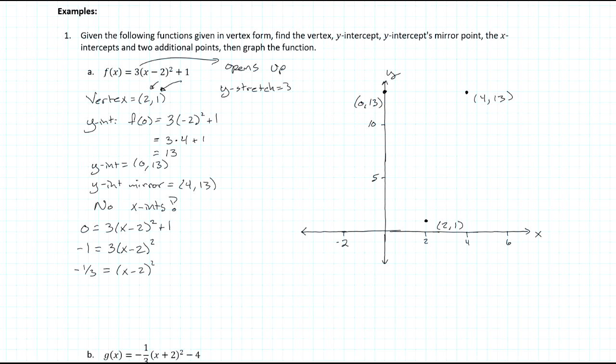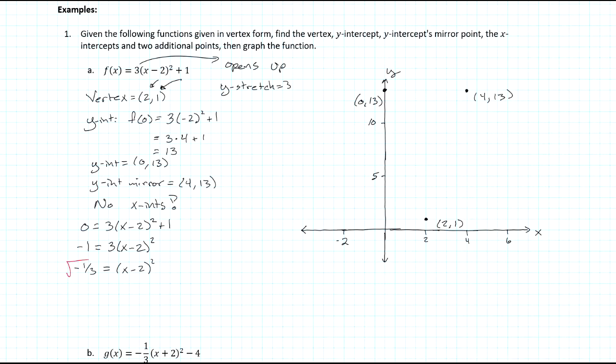But then when I try and take the square root of both sides, don't forget the plus or minus, this left side is undefined, right? It's not a real number. So there are no solutions. So there are no x-intercepts.